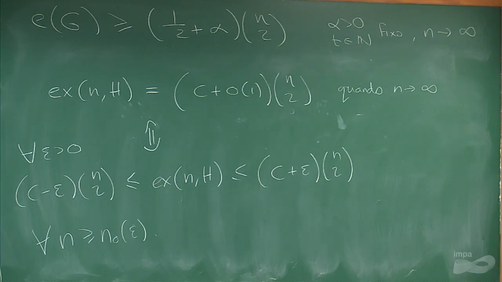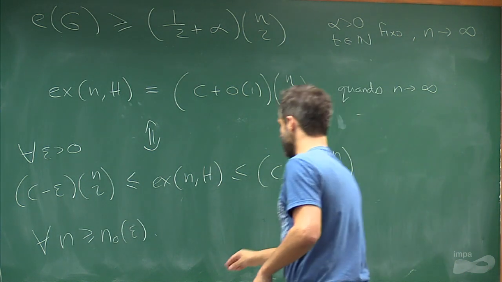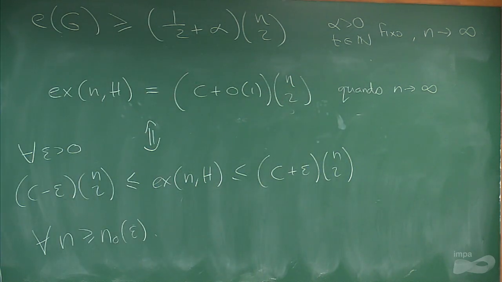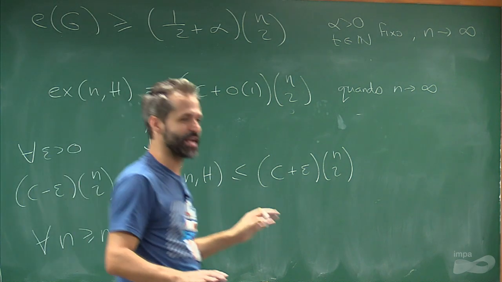How was our upper bound again? No, sorry, the lower bound was just take the Turan graph. With the lower bound, you could take epsilon actually equal to 0. In this case, for r equals 3, it was just a complete bipartite graph, so it's literally n squared over 4.